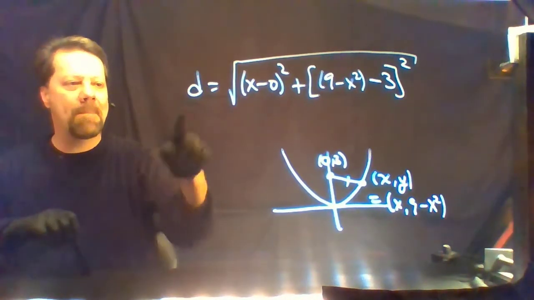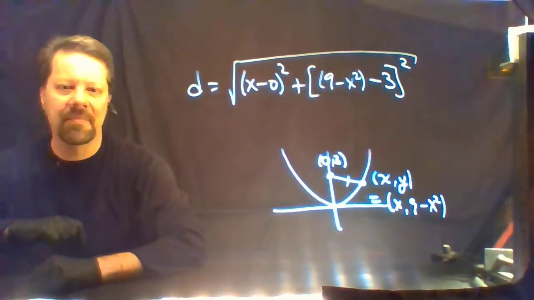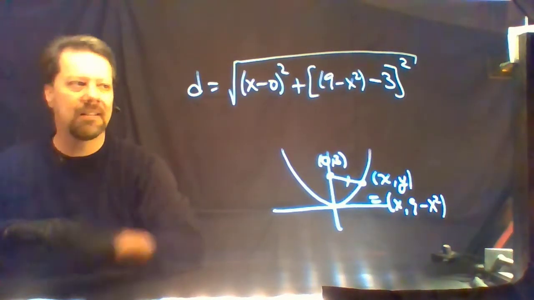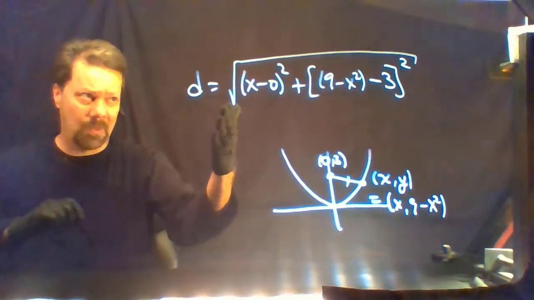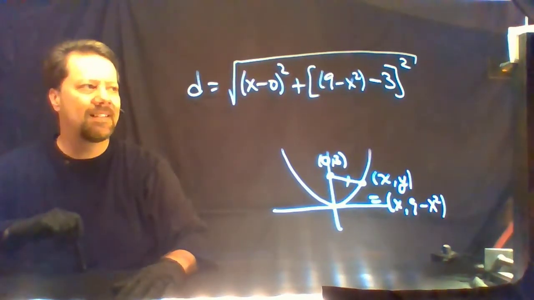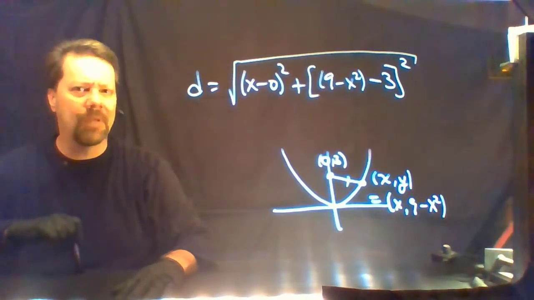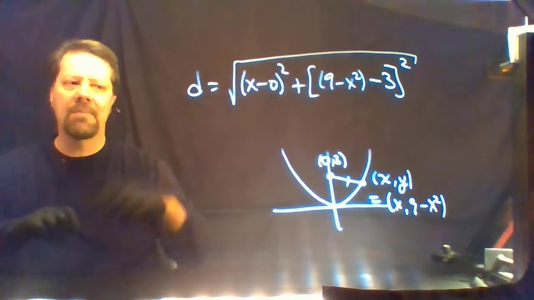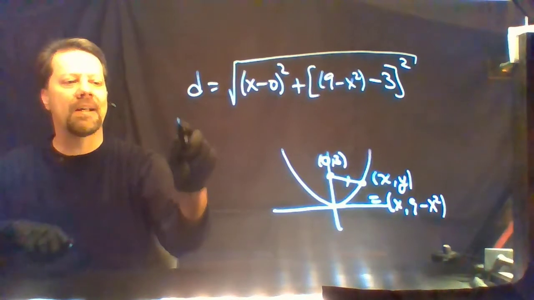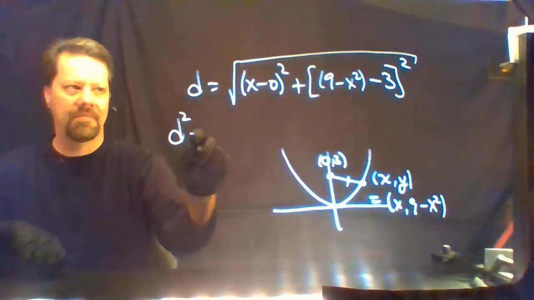We want to minimize this distance, which is a complicated thing. This crazy expression has a square root and these squares. It seems more complicated than what I really want to deal with. So what I'm going to do instead is I'm not going to minimize the distance, I'm going to minimize the distance squared.